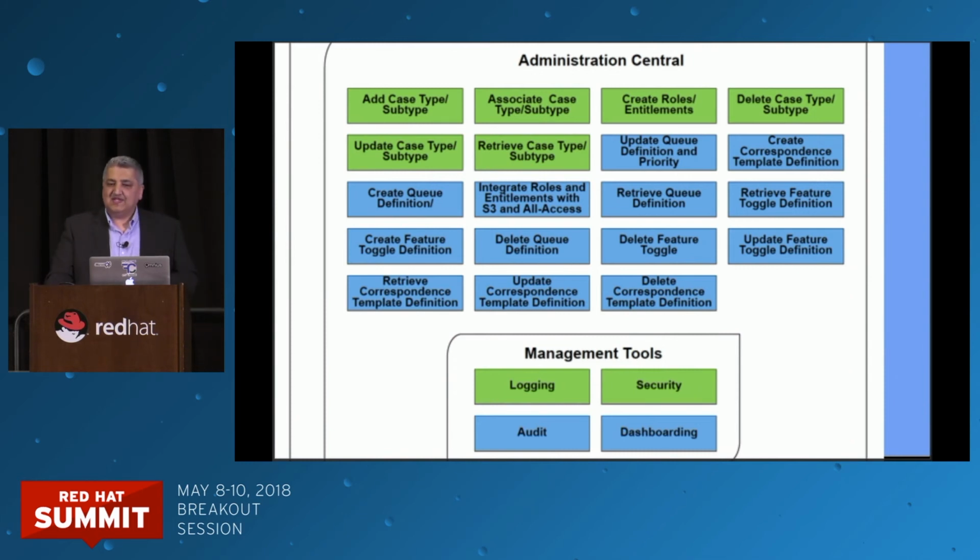It's a tool to configure our case management solution. Michelle mentioned the case types and subtypes, how they got out of hand, as well as queues. The queues are a mechanism for the business to decide, for example, that today the highest priority is the kind of cases that fit a certain profile. So we can manage the profiles and the priority of the queues in the Admin Central.